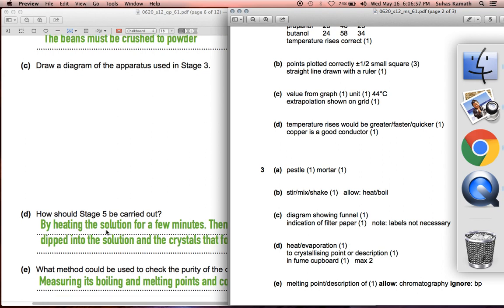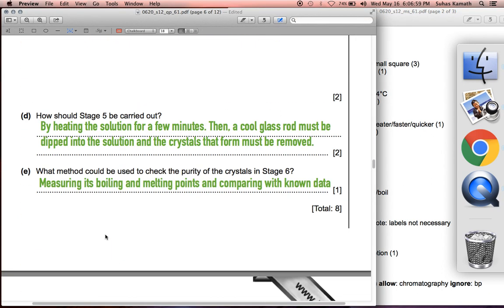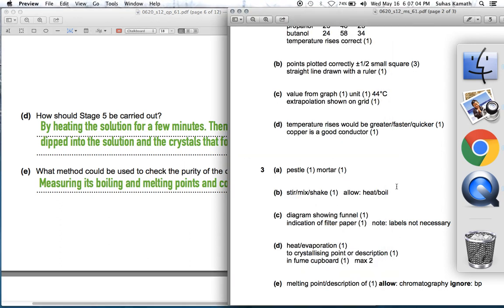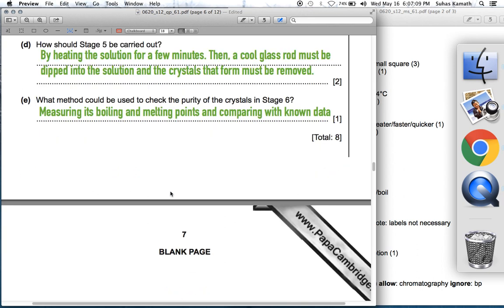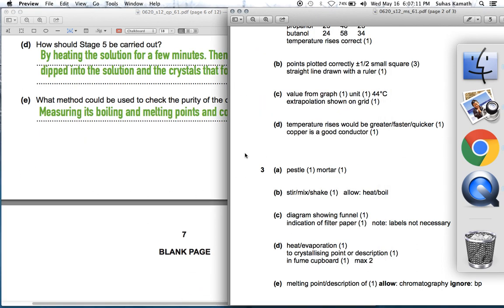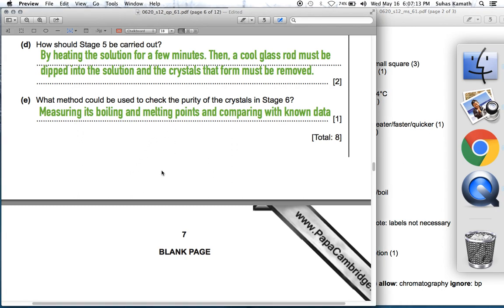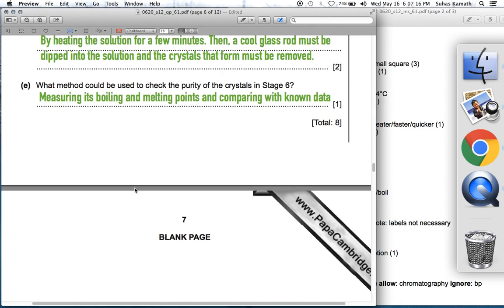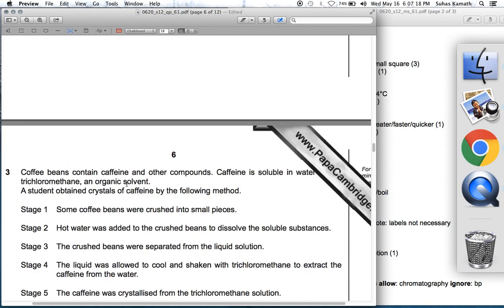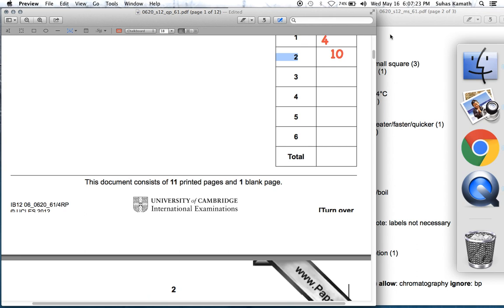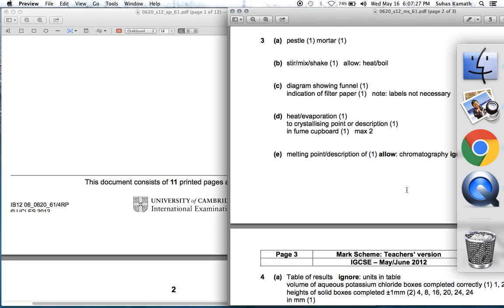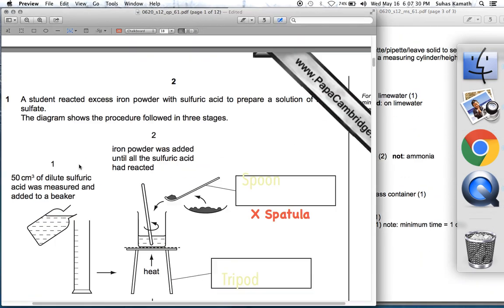So maximum 2, so I got 6 marks. And there's 7 marks. So 7 marks here. So let me just write it down on the front page.